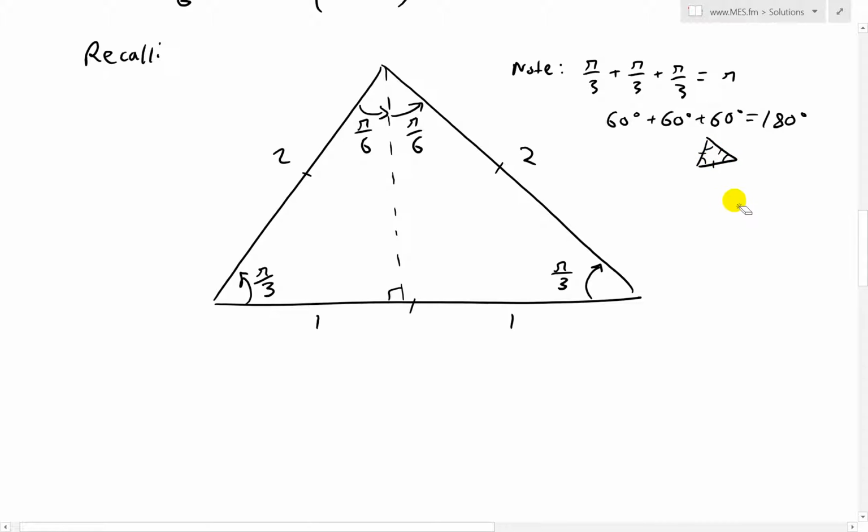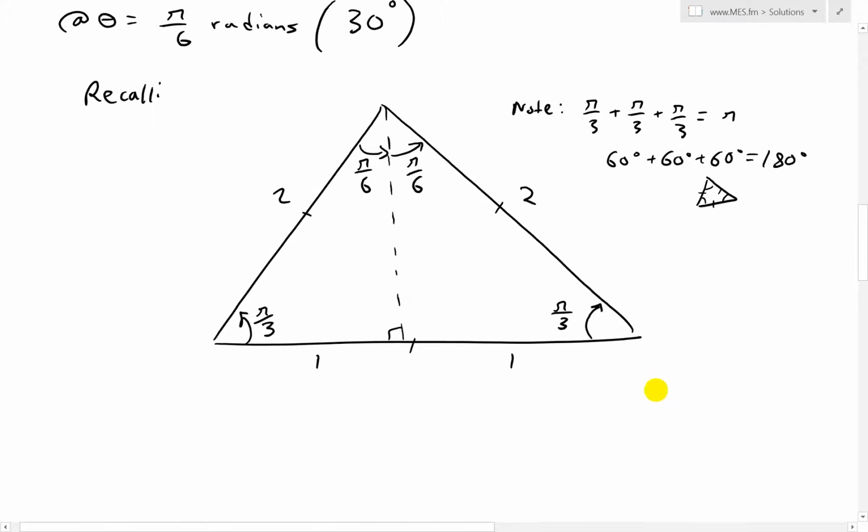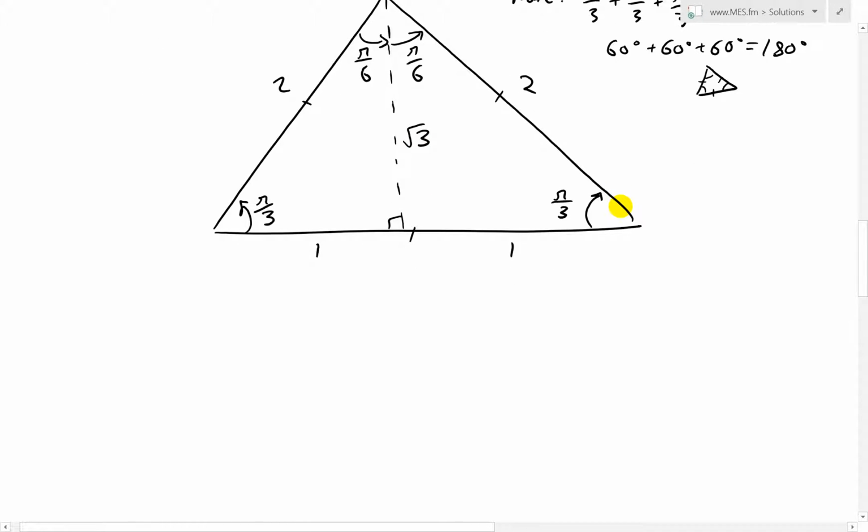For all triangles, all the angles together have to be 180, but it's all the same side, so we get that. So if we have this, and we know this length here, and this length is going to be square root 3, and we could even calculate this out by Pythagoras.